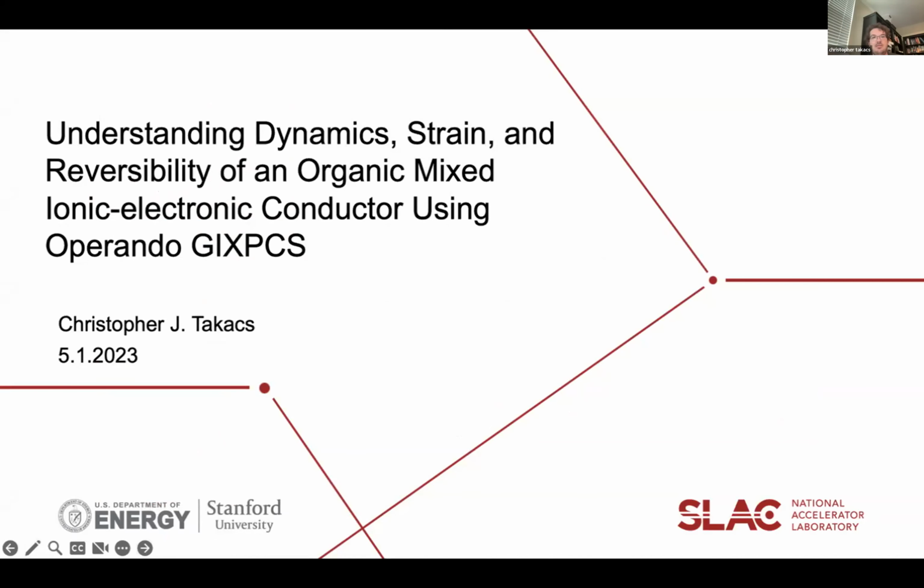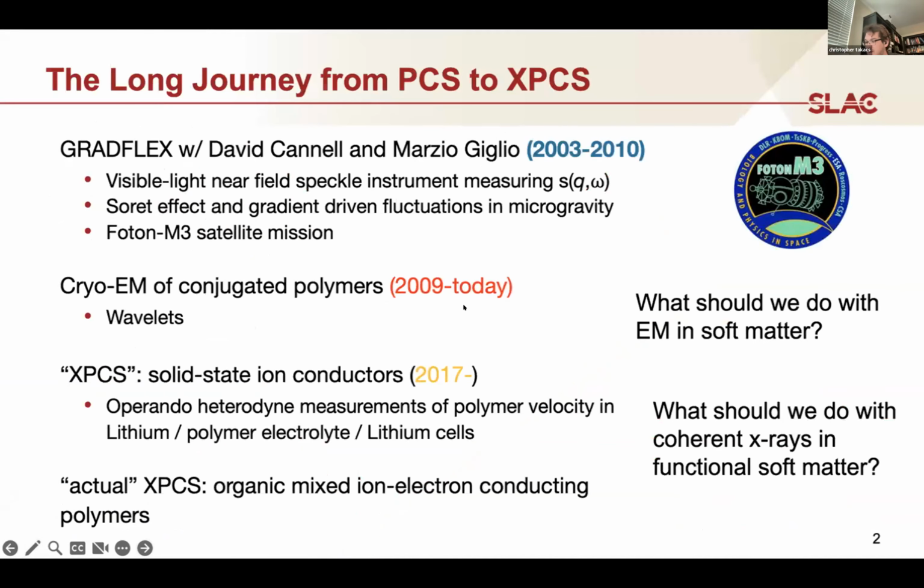Great. Well, thanks, Joe. It's really great to be here. My work in photon correlation spectroscopy actually goes back to my undergraduate work, where I will just say I wandered into it.